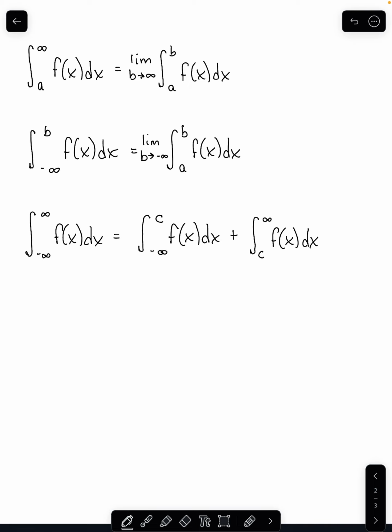Let's look at some examples, starting with the first example that we used, namely the unbounded region to the right under the curve of 1 over x. So again, we need to deal with the fact that we cannot actually evaluate the antiderivative at infinity because we can never reach infinity, but we can see what happens as the upper limit approaches infinity.